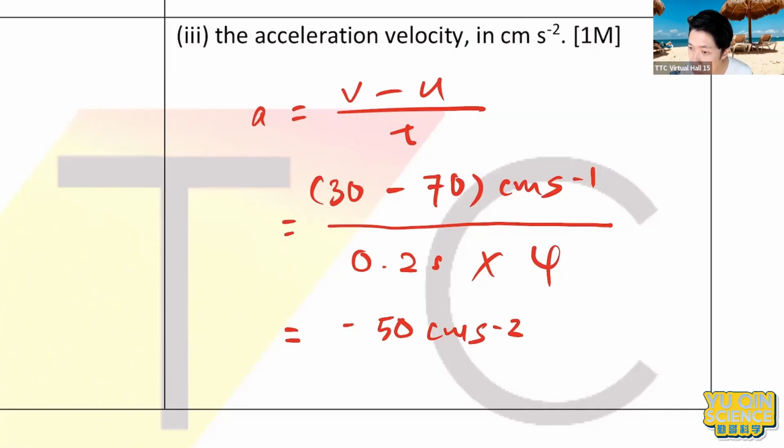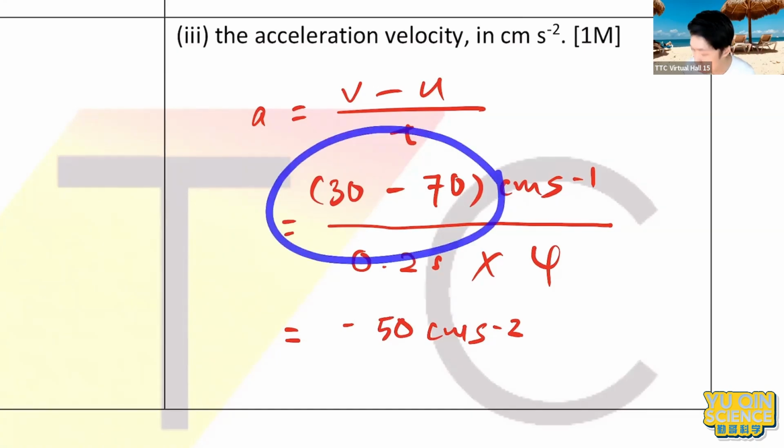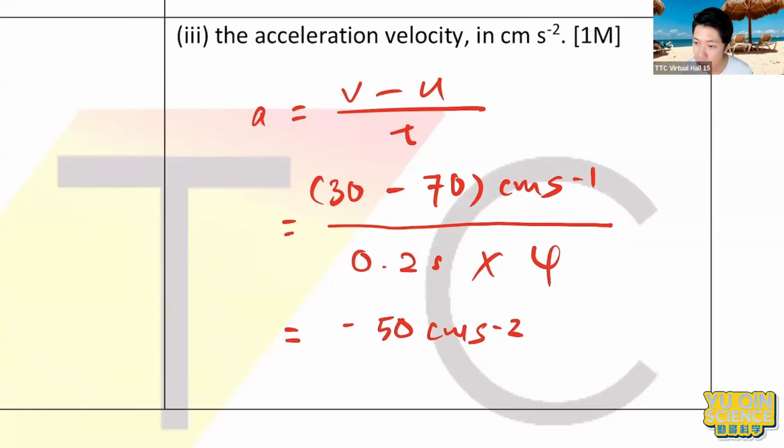Negative 40. What does that mean? Did you get all the numbers correct? They typed 0.25.